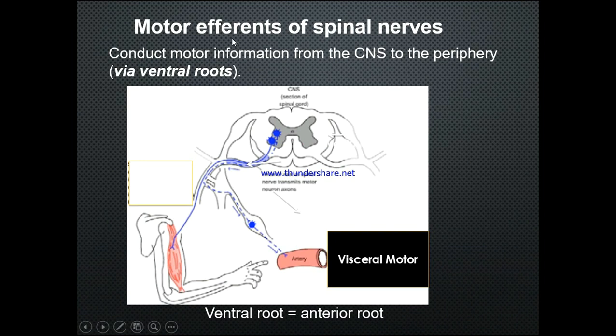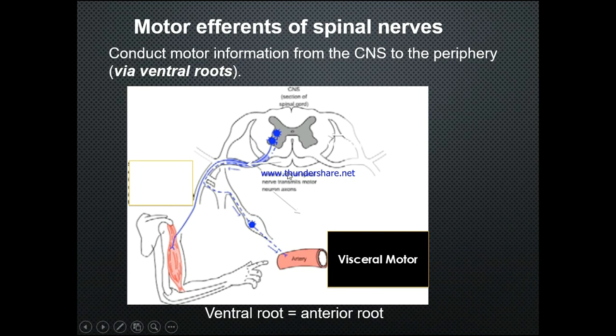So the motor efferents of the spinal nerves, the engine, the motor response, is the conduction of motor information from the central nervous system to the periphery via the ventral roots. If it's a somatic case, we're going to have a somatic motor response, such as removing the arm from the offending hot plate or stimulus.